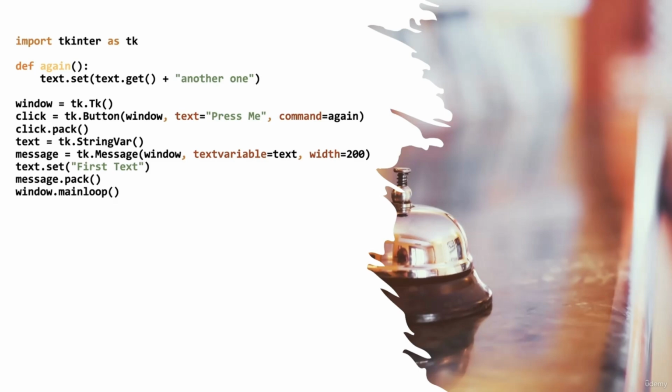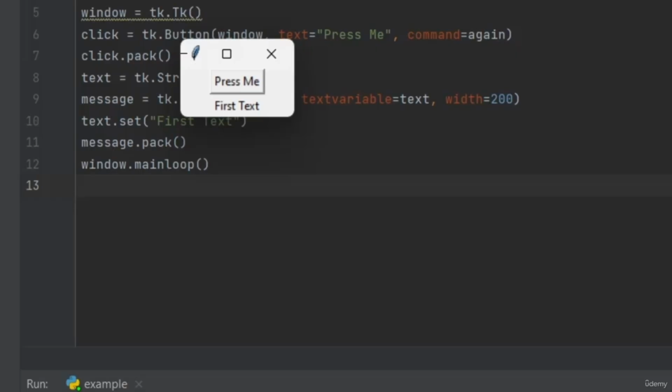Take a look at our callback, which is bound to our button widget. We modify our observable variable by writing the following line of code. We get the current value and add a new one with each click. So let's run our code and see our message widget in action.